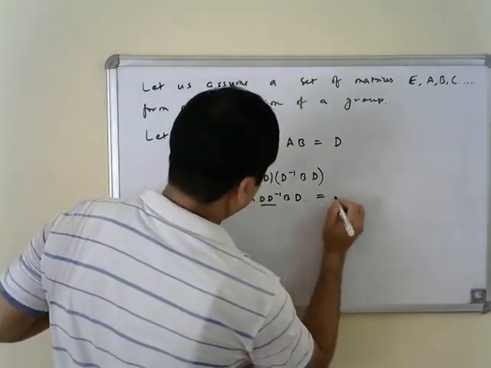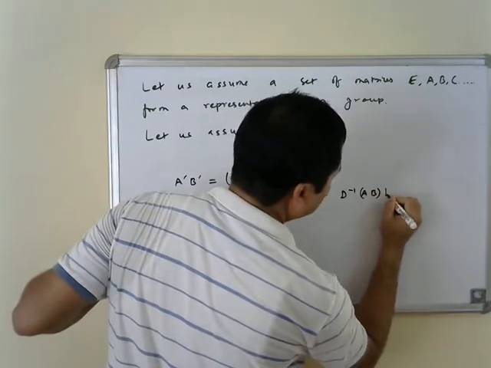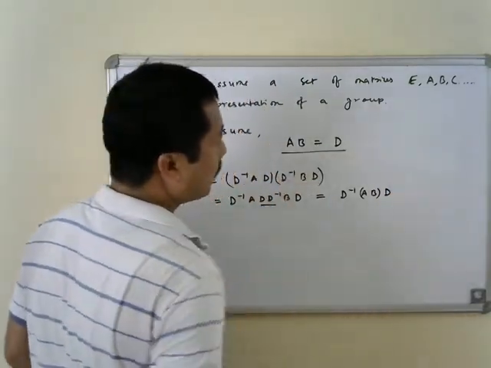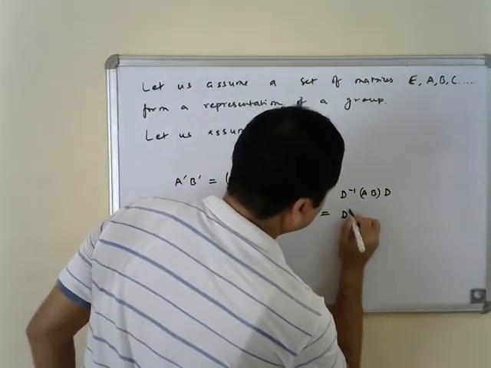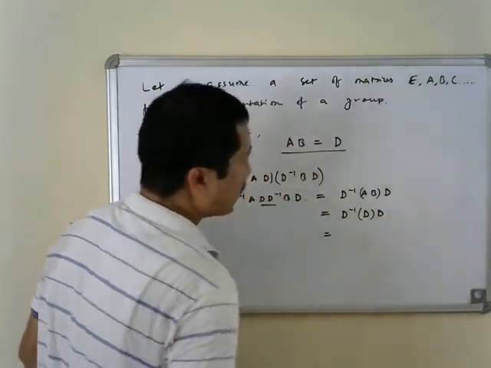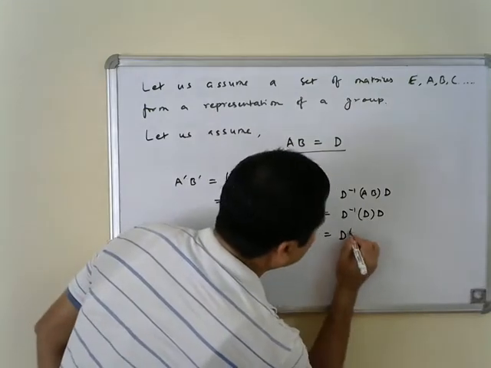So that is why we can write this equal to D inverse AB D. Since we have assumed here that AB is equal to D, what we can write here is D inverse D D. So when we do similarity transformation on the matrix D, we will get D dash.